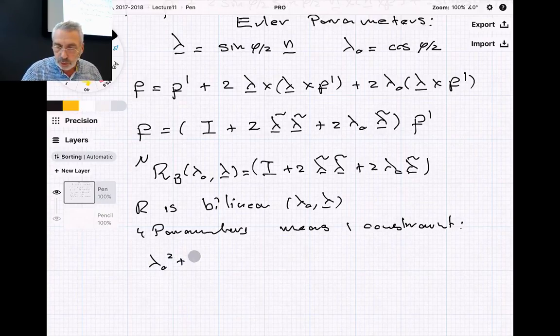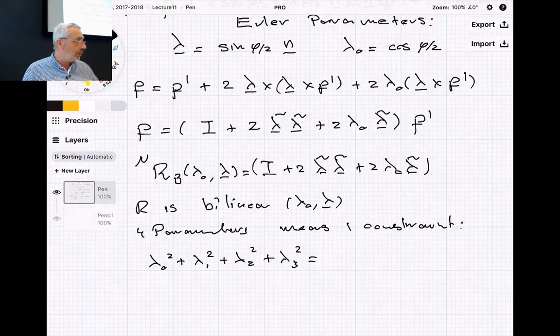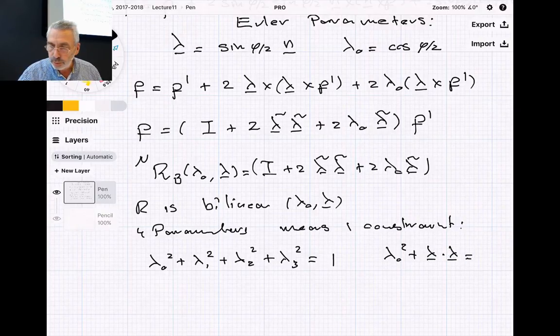If you add all the squares of these guys, then in the end you get sine squared plus cosine squared, and that should be 1. So the norm of the thing should be 1, which is pretty easy to drag along. So saying lambda 0 squared plus lambda dot lambda should be 1. That is the constraint we have to drag along.